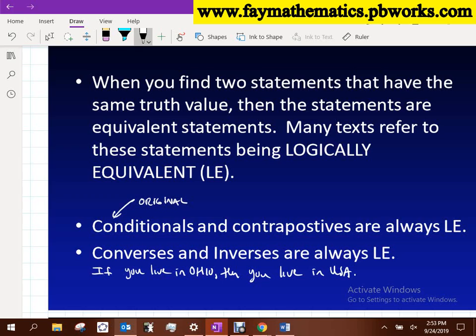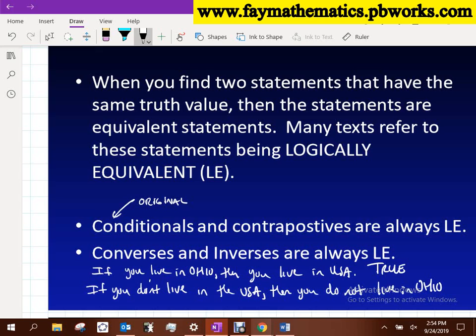That means, what this idea says, contrapositive conditionals are always logically equivalent. If this is true, then when I find the contrapositive, if you do not live in the USA, then you do not live in Ohio.